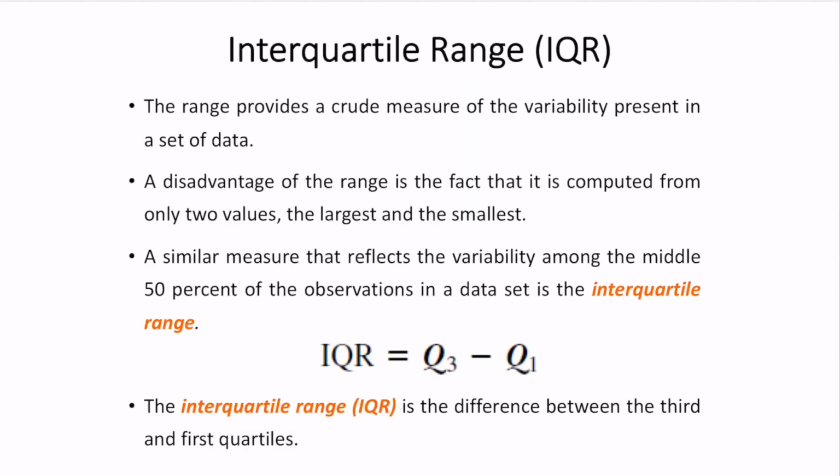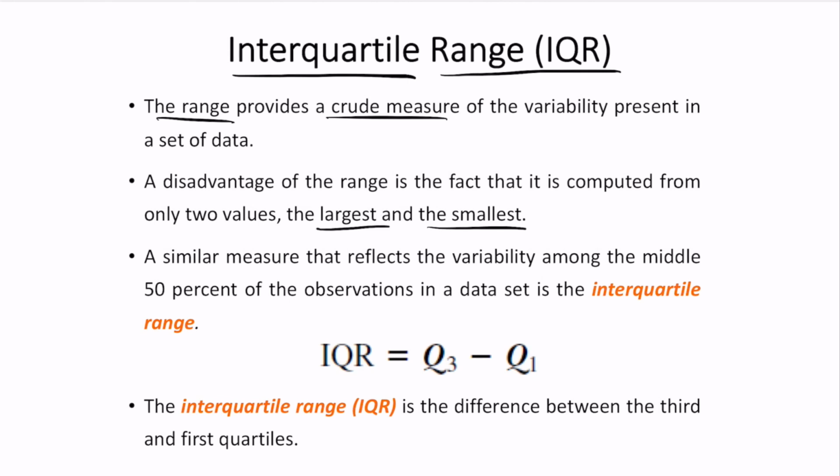So next, let's talk about the other forms of measures of dispersion. The next one is the interquartile range. The range that we use is a crude measure, meaning that it does not consider the variability of the data and only takes into consideration the largest and the smallest value.